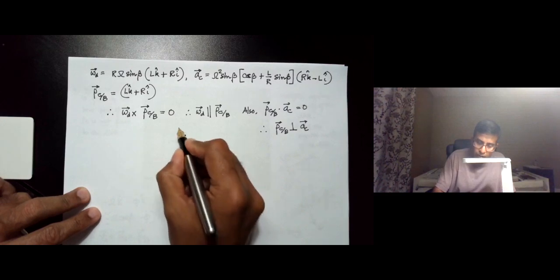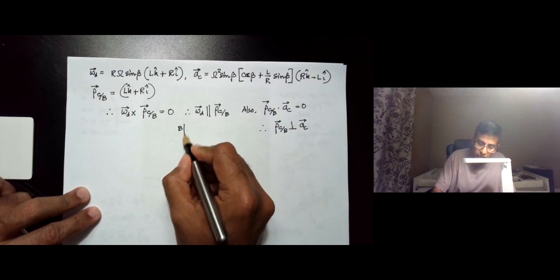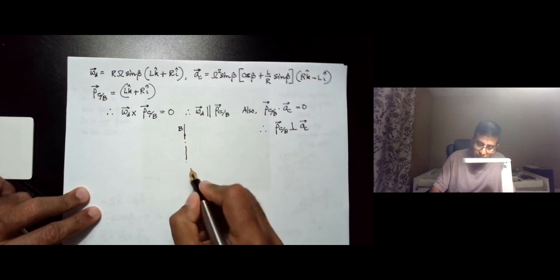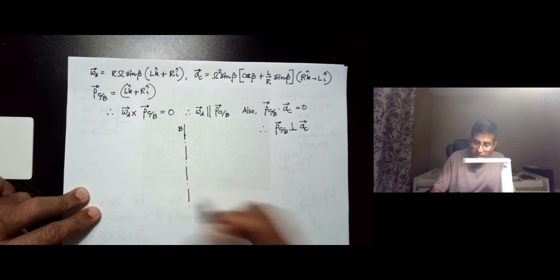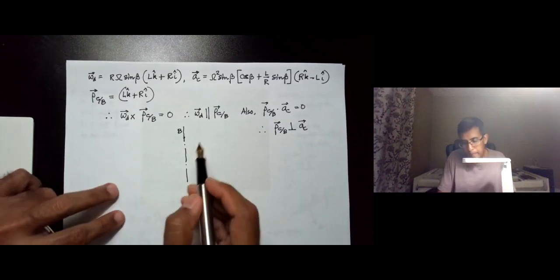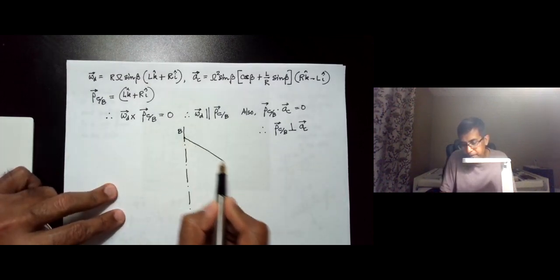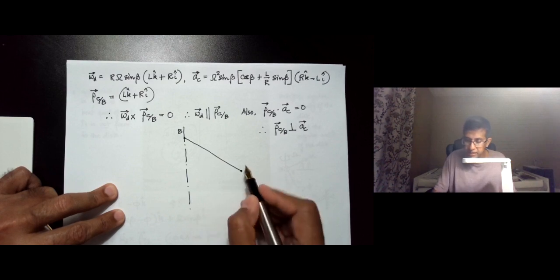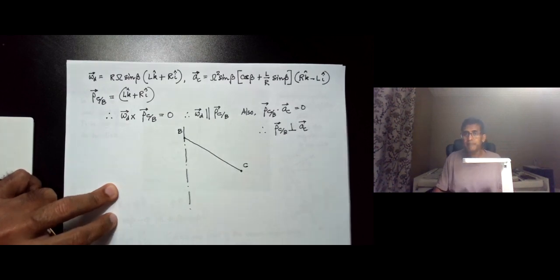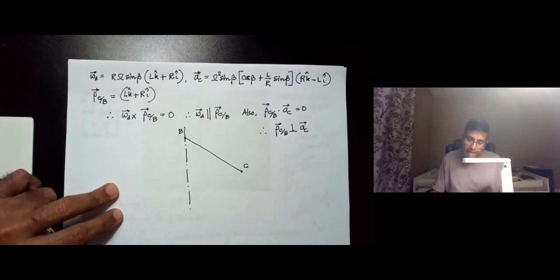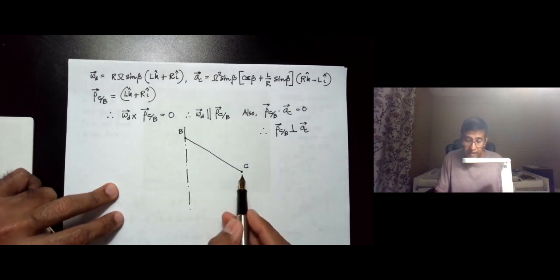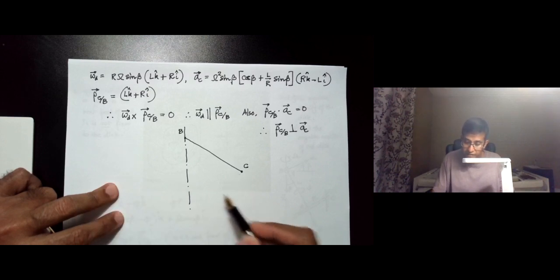Let's say this is our point B, and we draw a vertical line from point B. Let's say this is our point C, and the angular velocity of the disk, so the disk is over here.